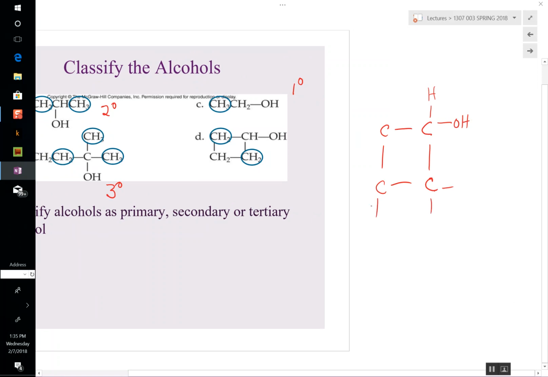And as a consequence of it being in a ring, the carbon bearing the OH has a carbon on either side of it. All right, so cyclobutanol is going to be a secondary. Cyclopentanol, cyclohexanol, they're all secondary. So if it has a cycle, then it's a secondary.